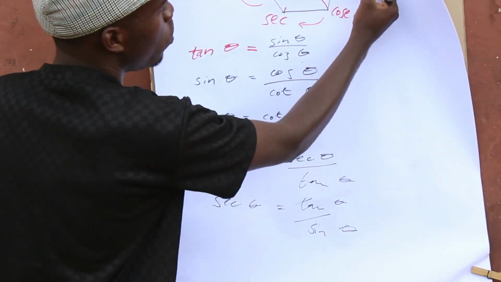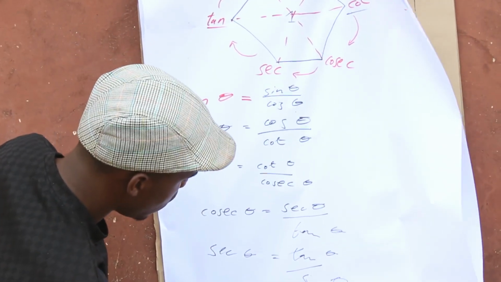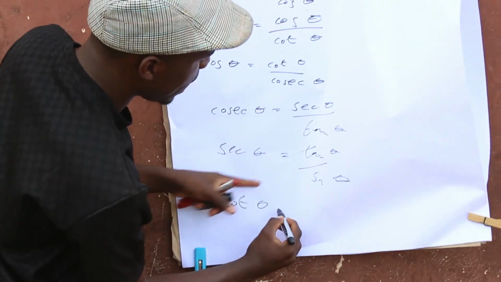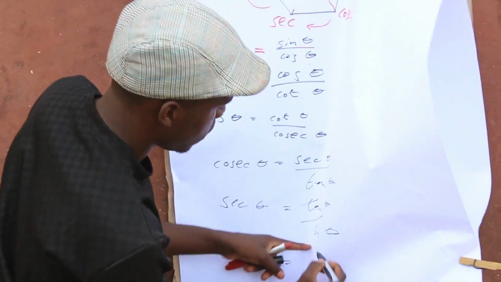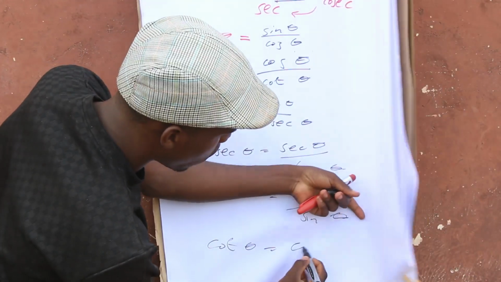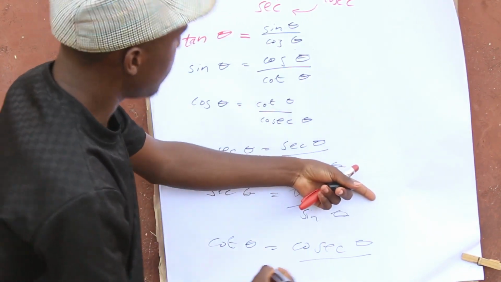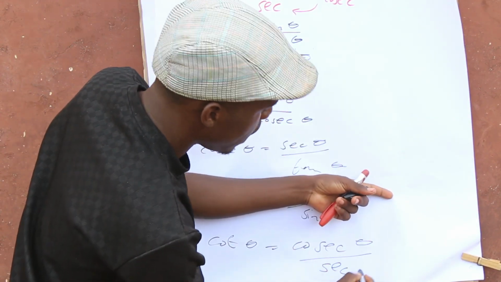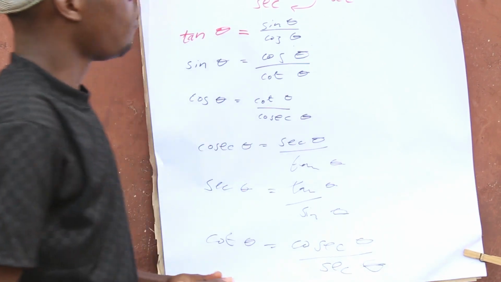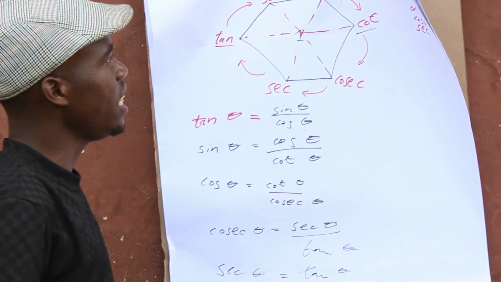Then if you want to derive for cot, you write cot theta is equal to cosec theta over sec theta.